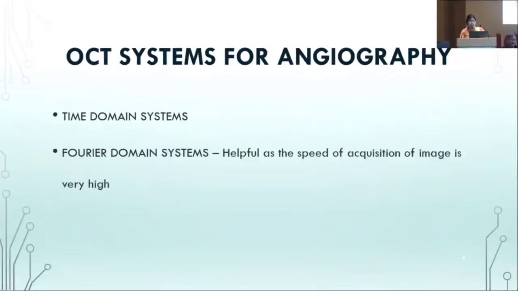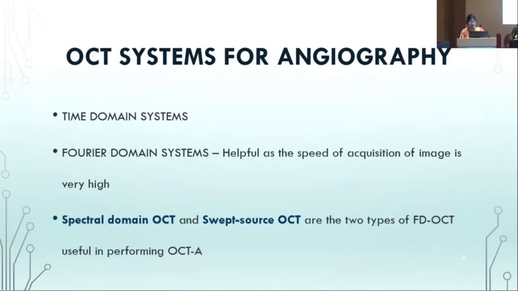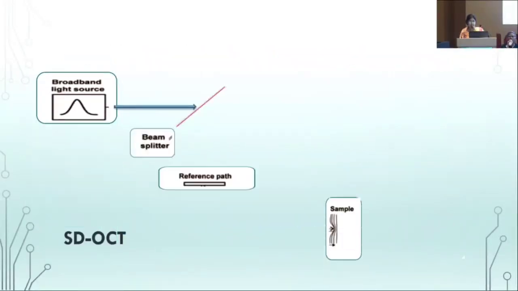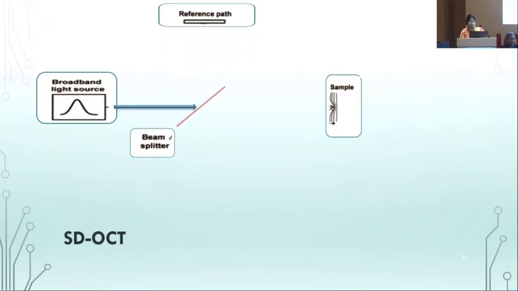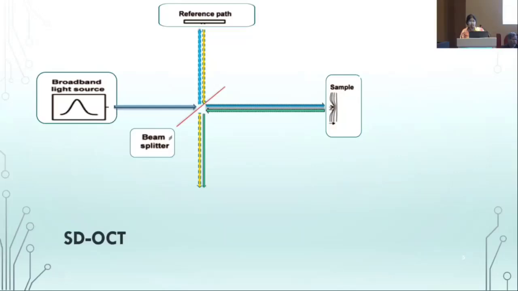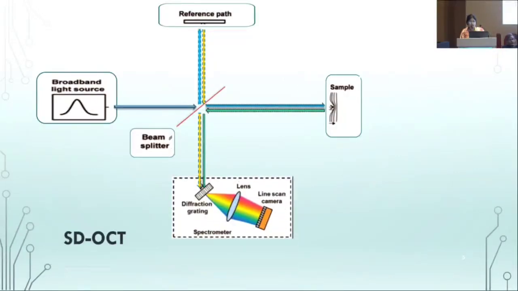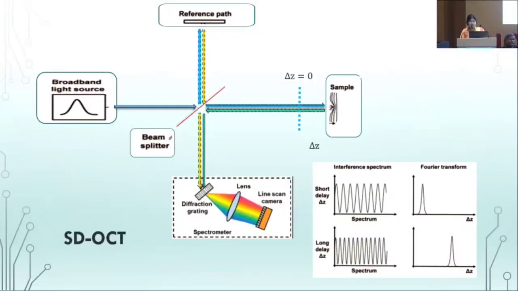There are mainly time domain and Fourier domain systems. The Fourier domain systems are more helpful as the speed of acquisition of image is very high. The SSOCT and SDOCT are the two types of FDOCT which are useful in performing OCT angiography. In SDOCT, basically a broadband light source transmits the light to the beam splitter, which then splits the light to the reference part and the sample, that is our patient, and which is then transmitted to the spectrometer, which creates an interference pattern, and it is then Fourier transformed.